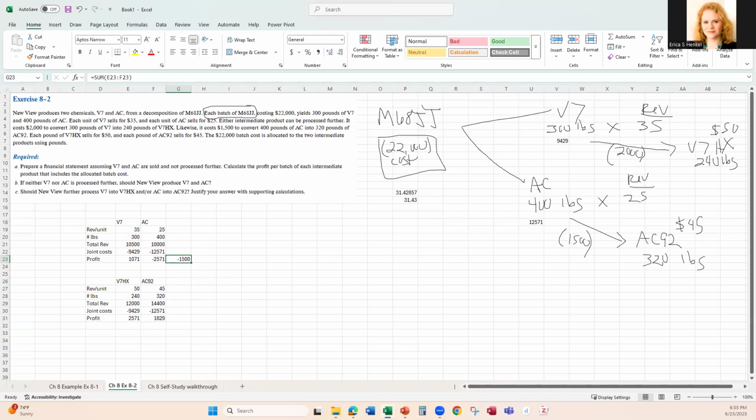Now, if we were to do just one, let me make sure I did my math right. Revenue per unit is 240 pounds times $50, which is $12,000.